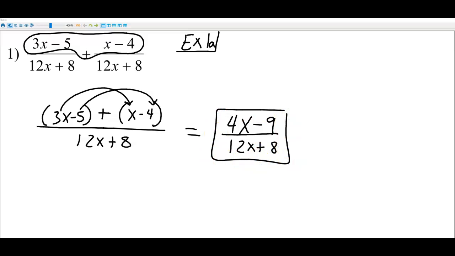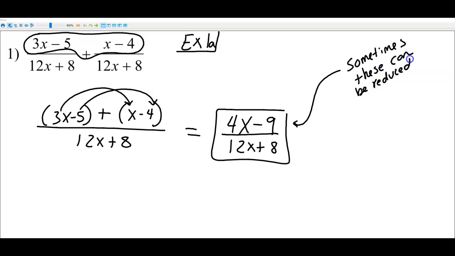Now sometimes these can be reduced at the end, but not very often. This is a good note to write. By reduced, I mean you have to factor it and then cancel stuff out.